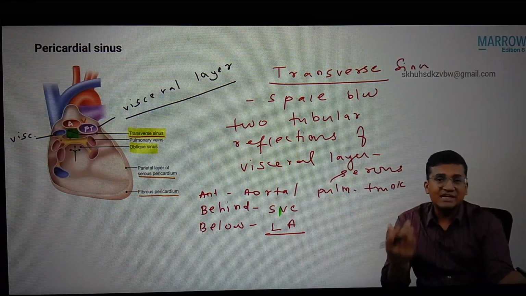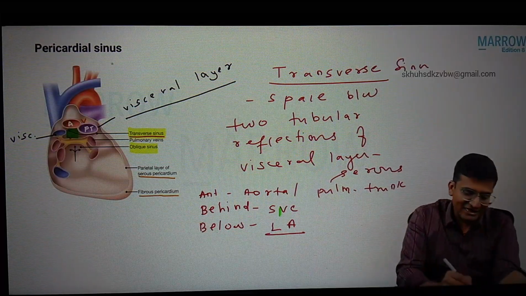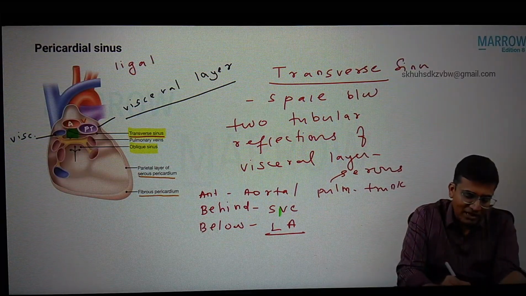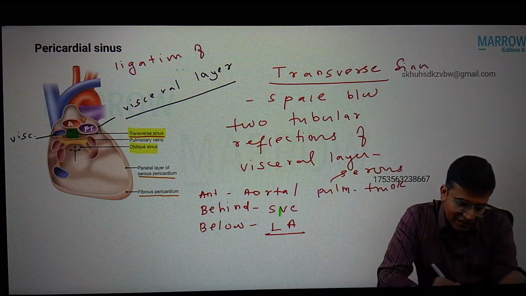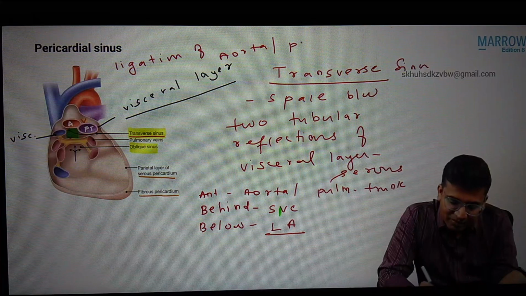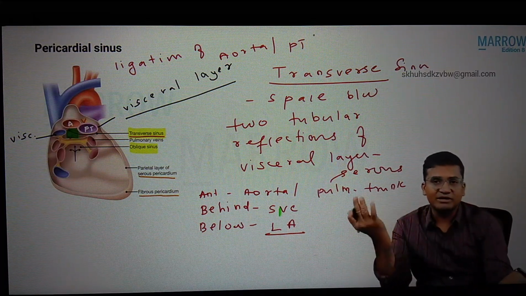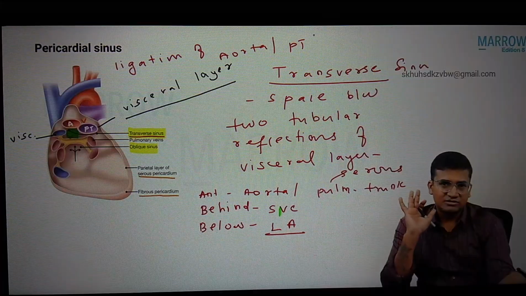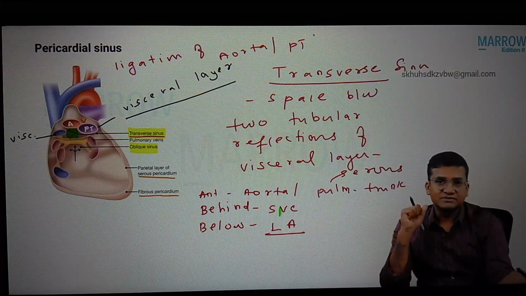Now, what is the surgical importance of the transverse sinus? We can ligate the aorta and pulmonary trunk through the transverse sinus. So the transverse sinus is used to ligate the aorta and the pulmonary trunk. That's all. Shall we proceed? So this is about the transverse sinus.